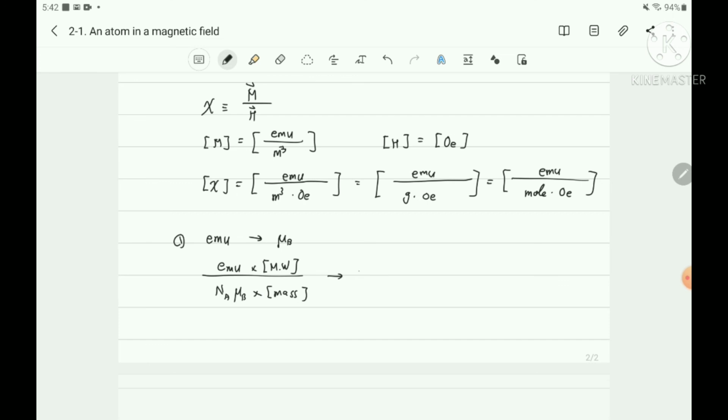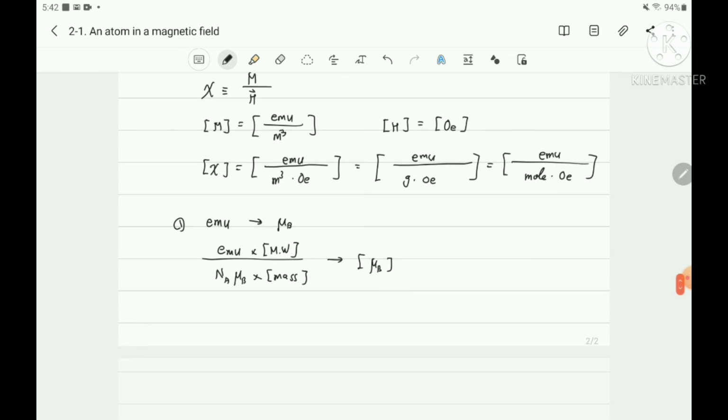Then it is changed to Bohr magneton units, because gram per mole cancels with each other, and therefore it is the mu_B dimension.